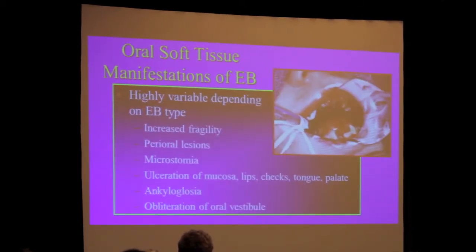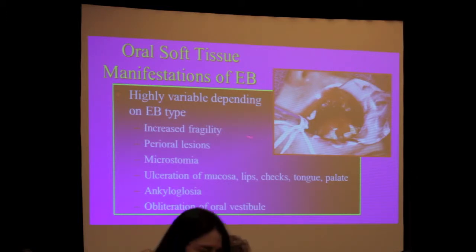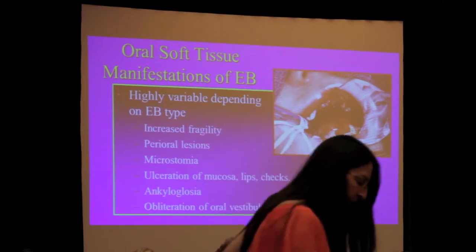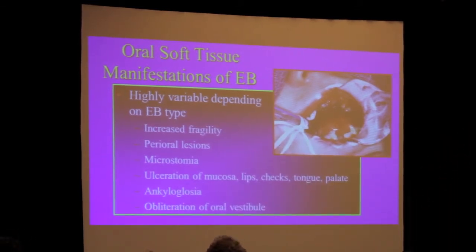So the soft tissue manifestations are highly variable, again, depending on the specific type. But the hallmark, of course, is increased fragility of the mucosa. Just like the skin and the oral mucosa and the GI tract that we've been hearing about, increased fragility is sort of the hallmark. And the amount of that fragility is very different between different patients and different EB types.